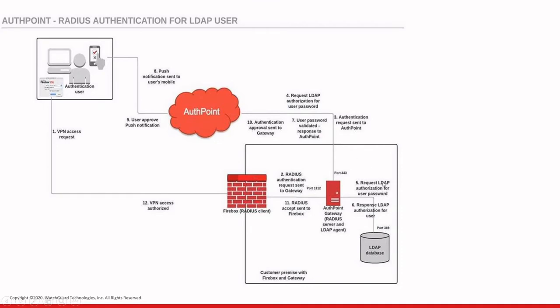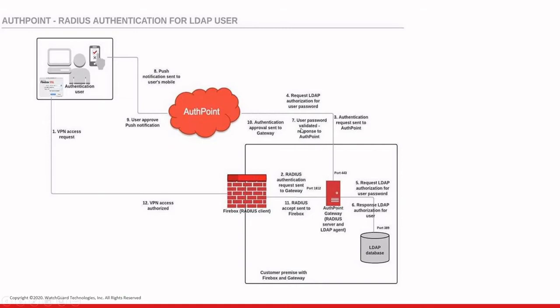Please remember that anything communicating outside of the network, not behind the firewall, between the AuthPoint agent and AuthPoint in the cloud, is going to be HTTPS, so it is protected and encrypted. Okay.